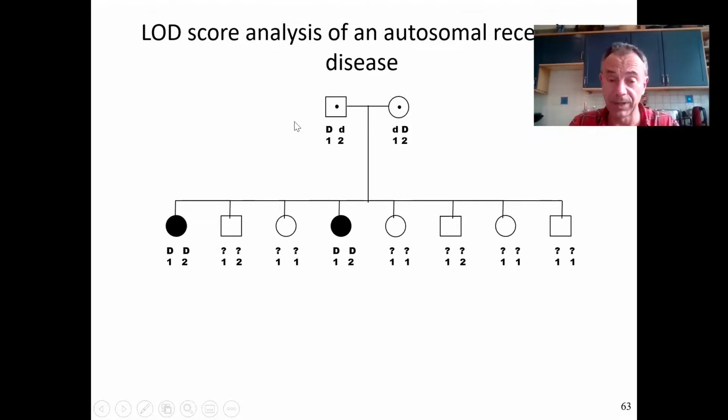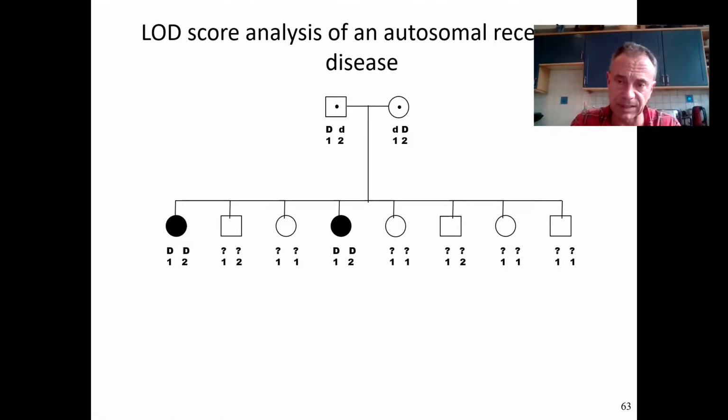What we can't tell from this is, first, what phase the disease and marker variants were in either of these parents. And the other thing we can't tell is what disease genotypes the unaffected sibs have. We know they're not big D, big D, but we don't know if this one's little d, little d, or big D, little d.